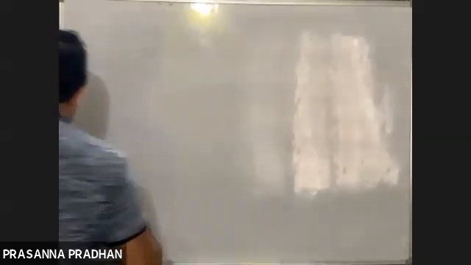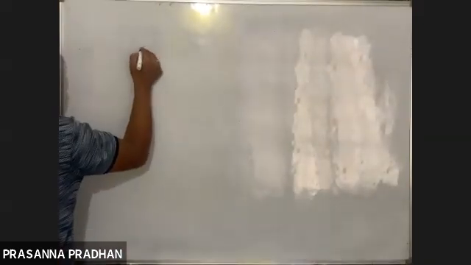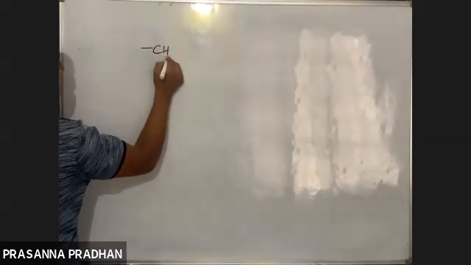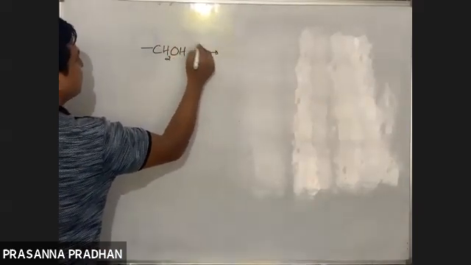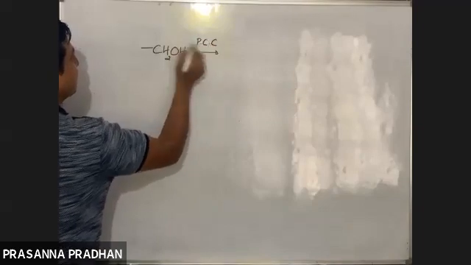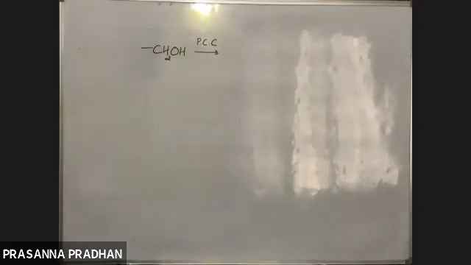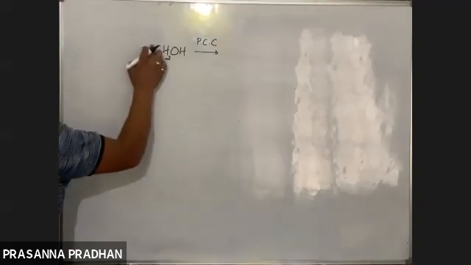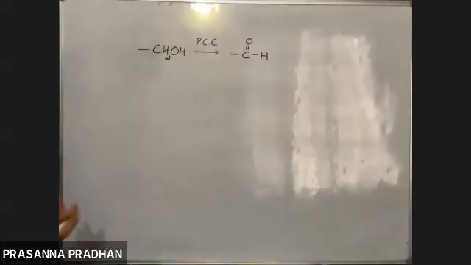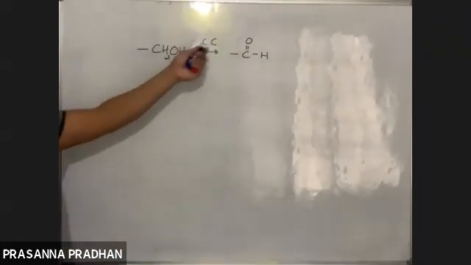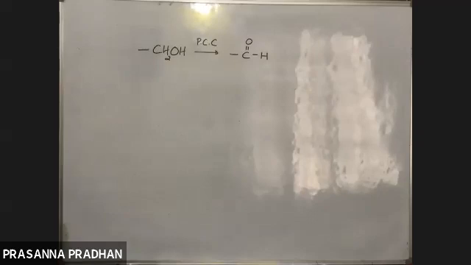Now, I have a CH2OH group. If I use PCC, then what will I get? The CH2OH group will get oxidized to which group? 1 degree alcohol means CH2OH group. With a mild oxidizing agent, it gets oxidized to the CHO group. 1 degree alcohol, mild oxidizing agent, it gets oxidized to aldehyde.